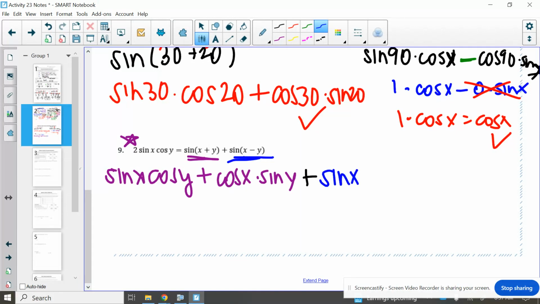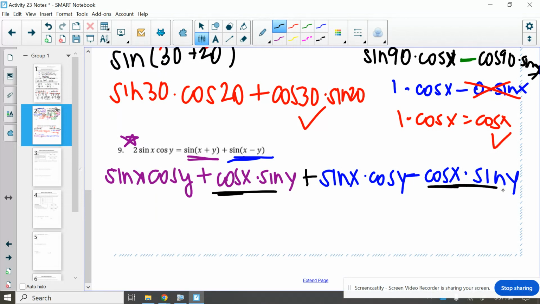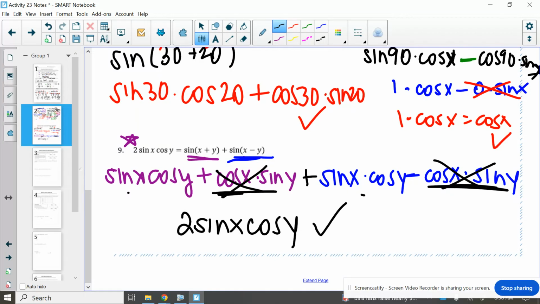This time it would be sine of x cosine y minus cosine x times sine of y. And what we're going to notice is this negative cosine x times sine y and this positive cosine x times sine y, we are adding a positive and a negative, so they essentially cancel out. Sine cosine plus sine cosine equals 2 sine x cosine y, which is our goal.